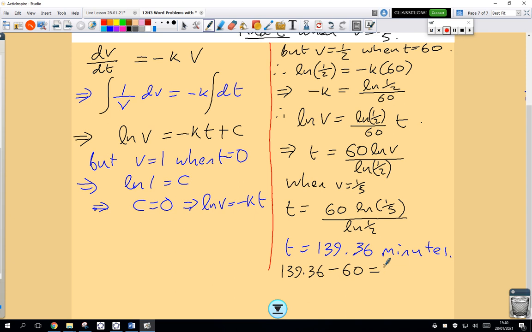That's going to work out as 79.36 minutes. And in fact, probably even better to write 79.36 more minutes. And that's the length of time it's going to take after it's half full to get 1/5 full. Okay, so that's an easy thing to miss.